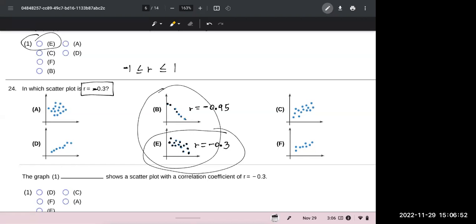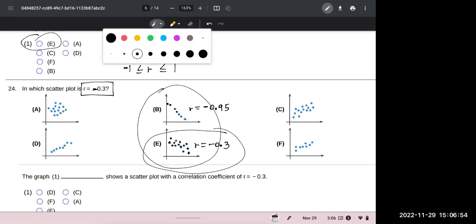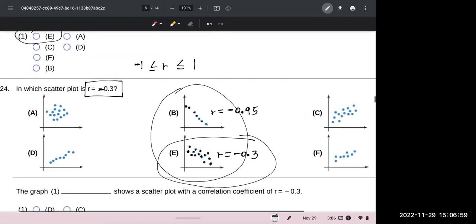So just to review that correlation coefficient. In example A, you see the scatter plot where the dots are all over the place. That means the correlation coefficient is equal to 0. So we don't have correlation. There is no relationship between the two variables.